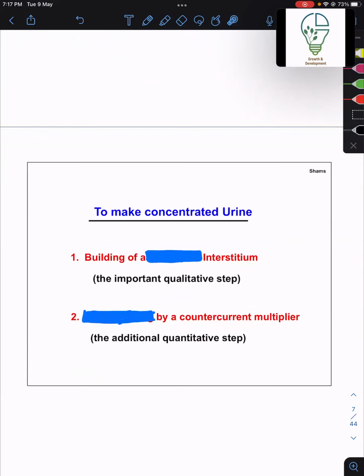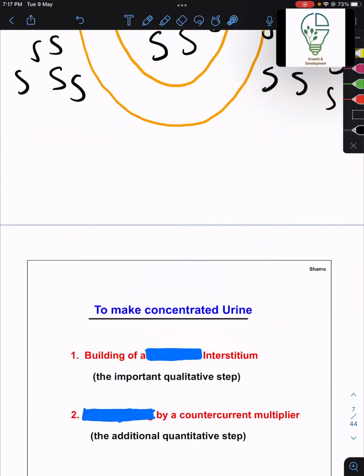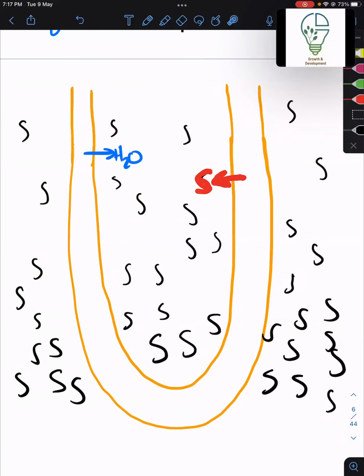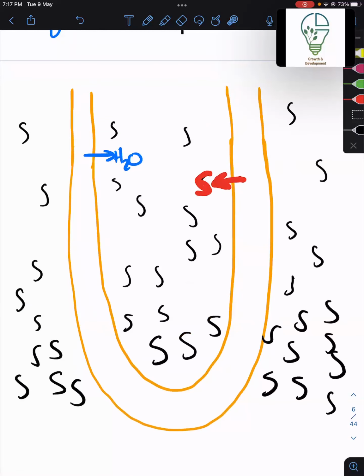From that, we can answer the questions over here. The first one: building of a blank interstitium. Is the interstitium in this diagram hypertonic or hypotonic? In other words, is it concentrated in solutes or not?